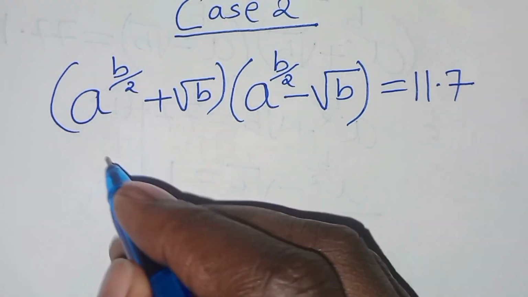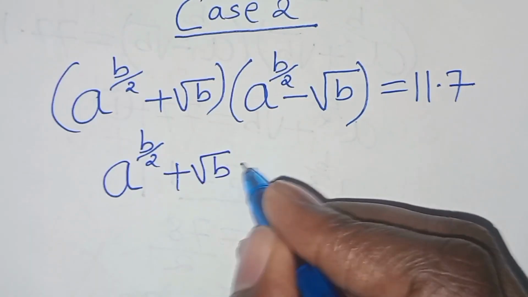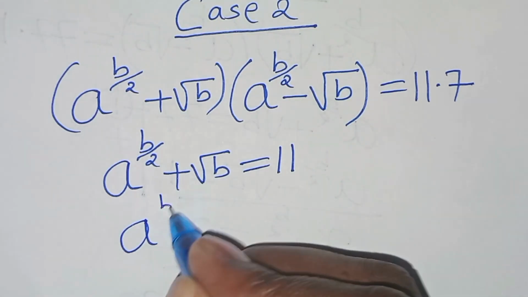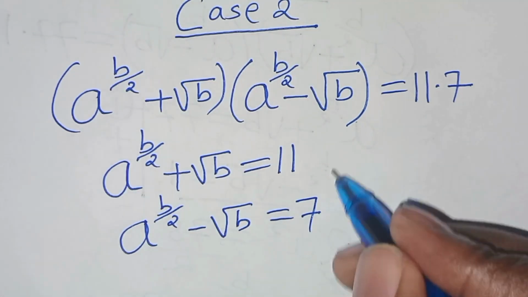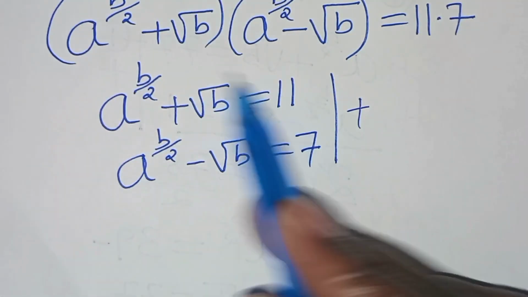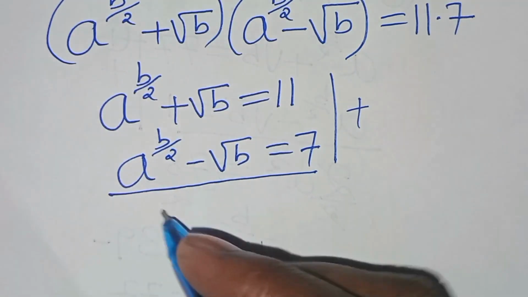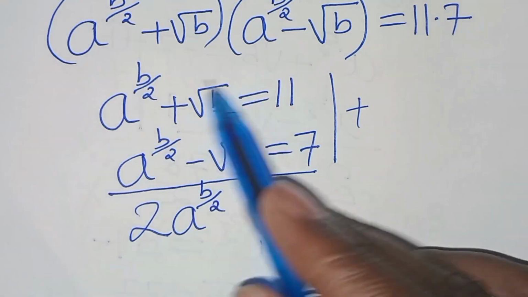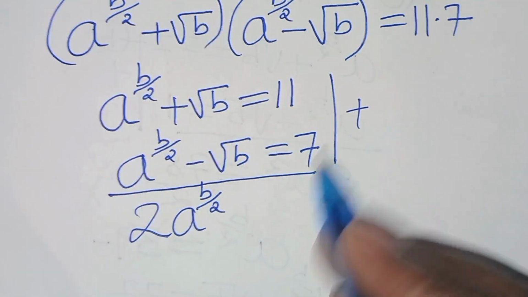So this implies that a to power b over 2 plus square root of b is equal to 11, and a to power b over 2 subtract square root of b is equal to 7. Now these are two systems of linear equations. So let's add them. We'll have a to power b over 2 plus a to power b over 2, this is 2 times a to power b over 2. Then square root of b plus minus square root of b cancels out. Then 11 plus 7 is 18.